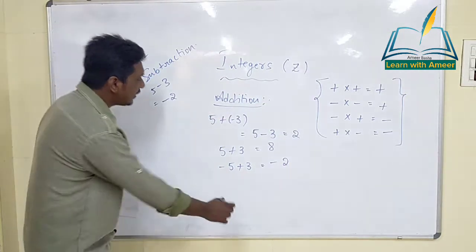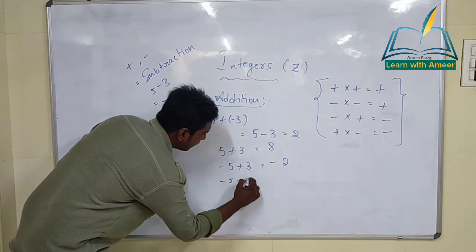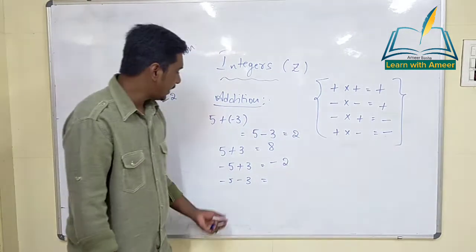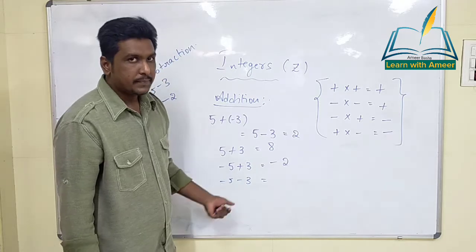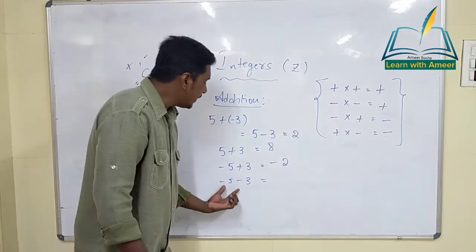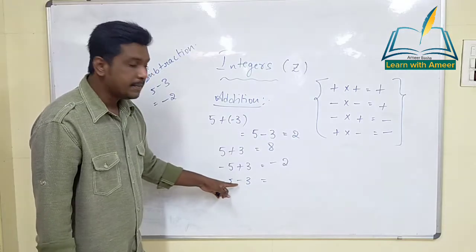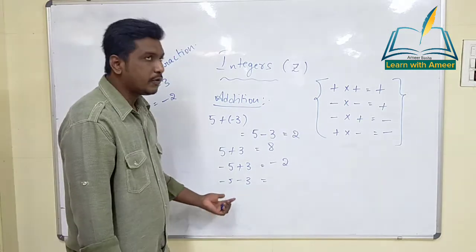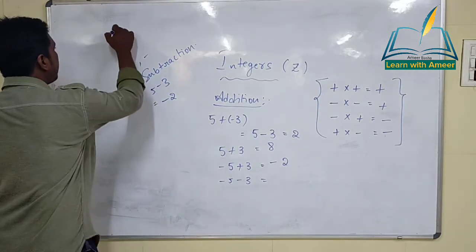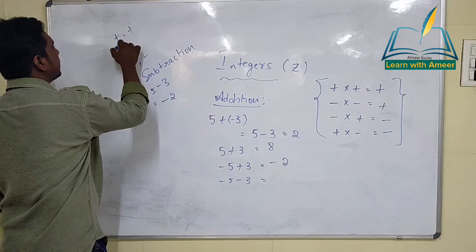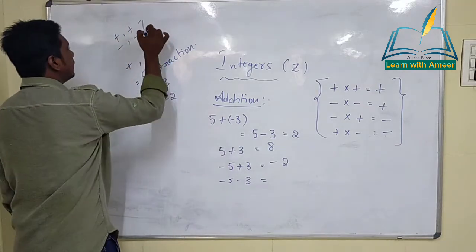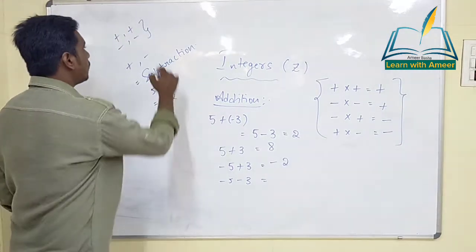So we'll move on to our next example. Minus 5 minus 3. Whenever we get two same-symbol numbers, plus and plus, or minus and minus, what will we be doing?